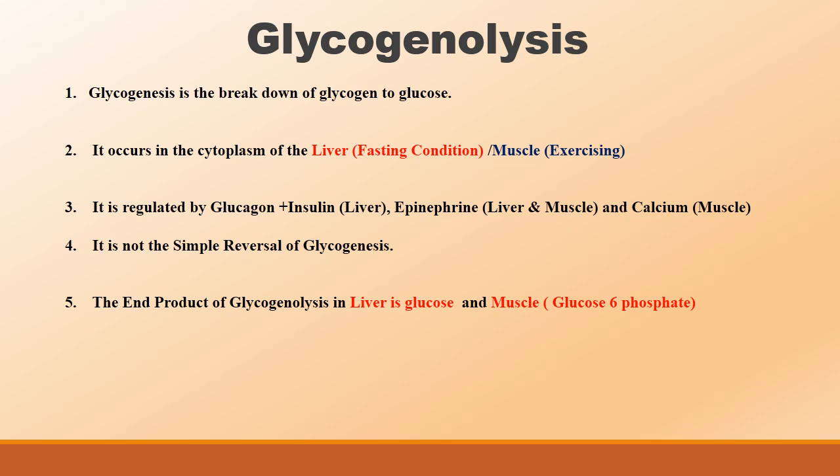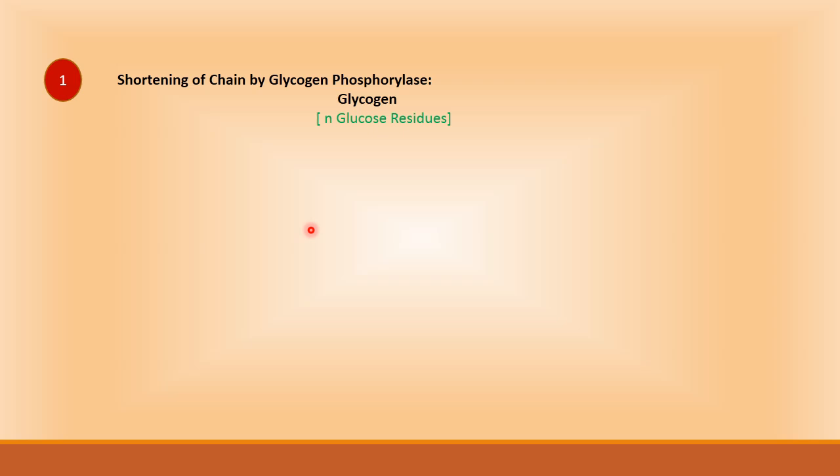Now let us look at the steps of glycogenolysis. Step 1. What does it involve? It involves shortening of the glycogen chain by glycogen phosphorylase. Glycogen phosphorylase is the key enzyme for glycogenolysis.